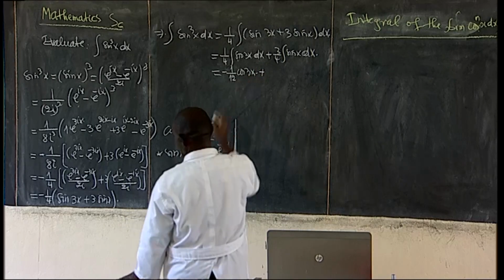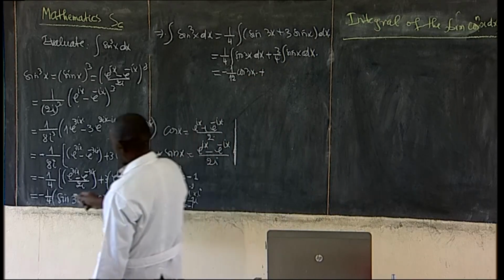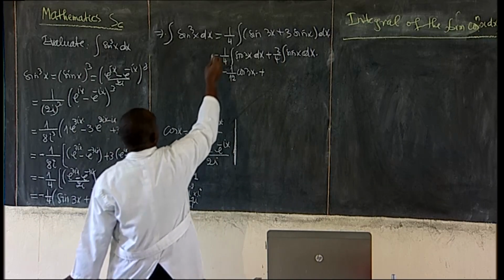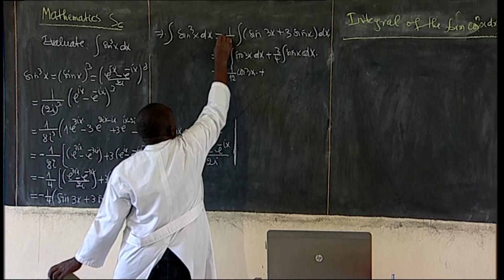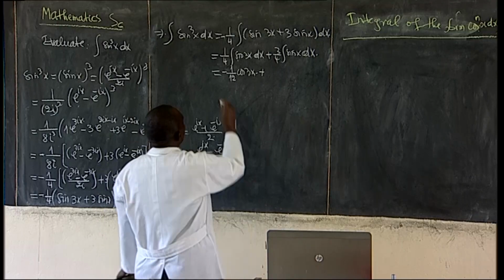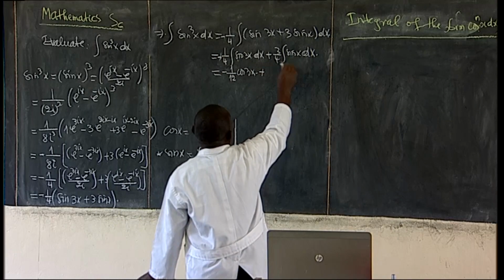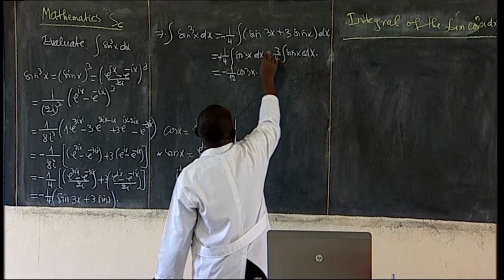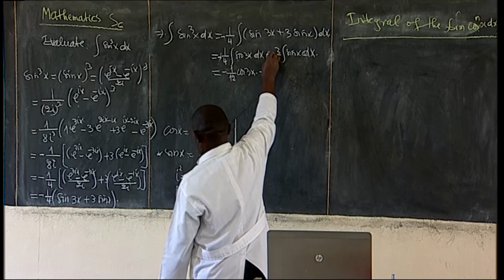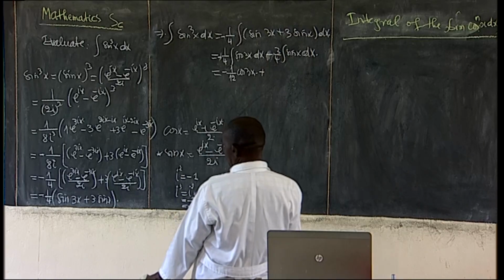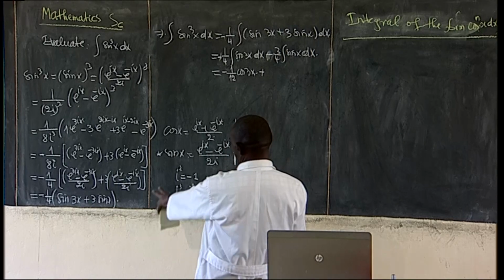minus, remember here we have a negative sign. I made a mistake. There is a negative sign there. And this will be negative, and at this level it will be positive, yes. Will it be positive? Let me see.